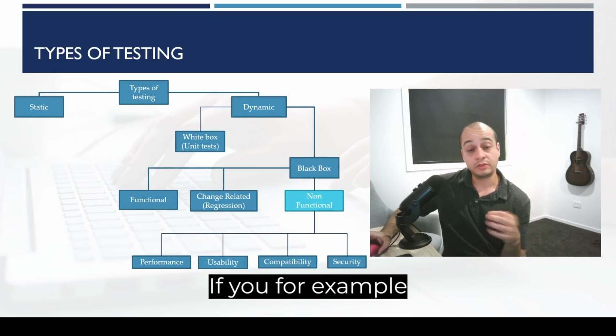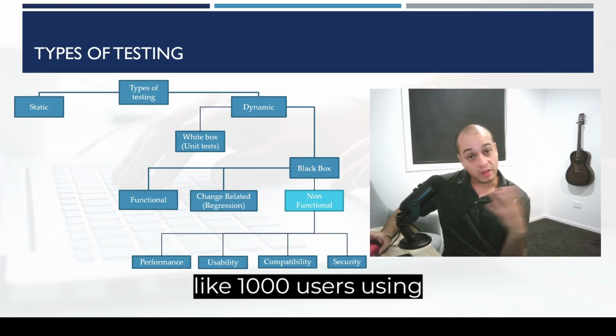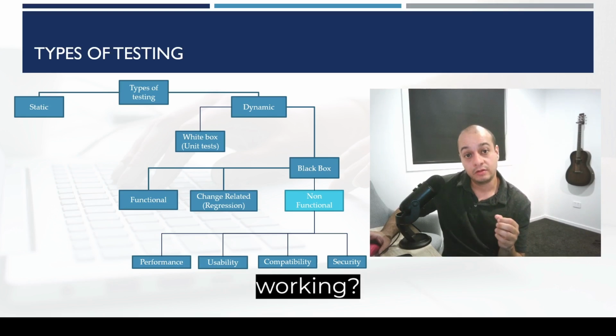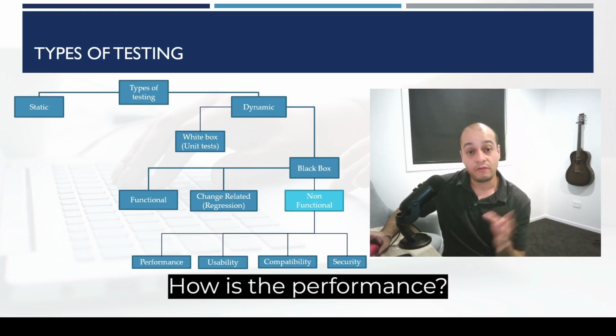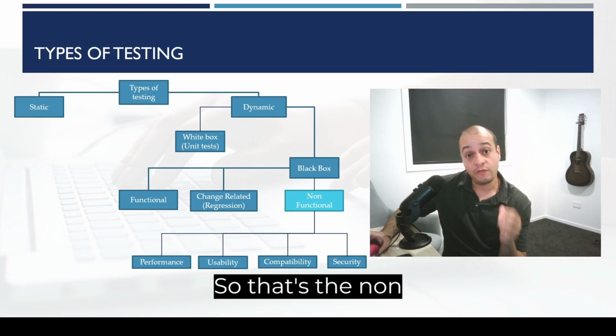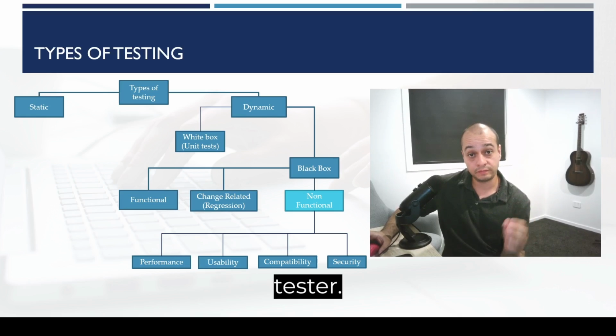If you, for example, simulate several users, like 1,000 users using this web app, how is the web app working? How is the performance? So that's the non-functional testing that you need to do as a tester.